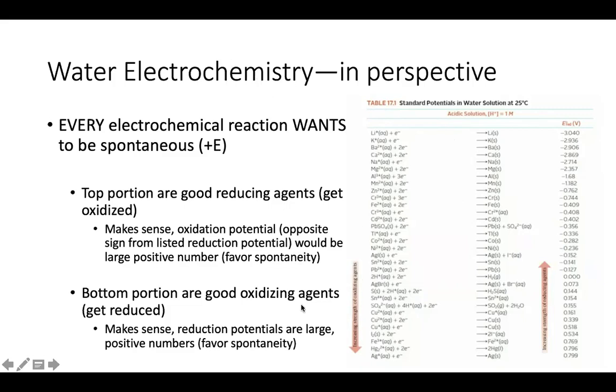Okay, now that makes sense because as you can see, as we go further down the table, their standard potential gets larger and more positive as we go down. And again, this makes sense because these are our reduction potentials. And so if they have large positive reduction potentials, that's going to help our overall cell potential be positive and spontaneous.